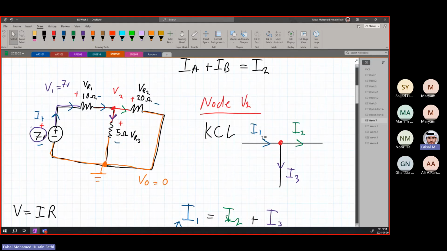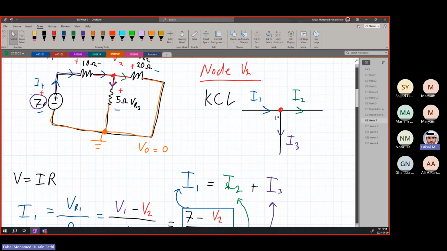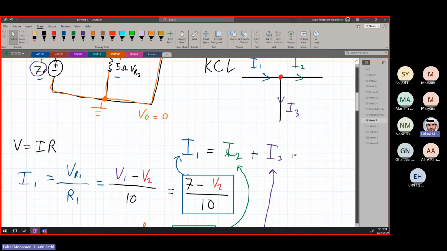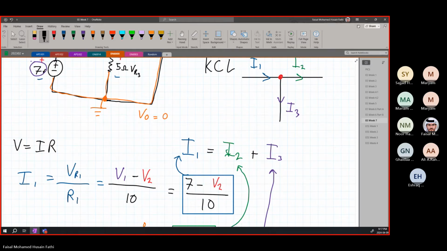For KCL, in the simple case, we have I1 going in, and I2 and I3 going out. I2 and I3, since they're going out, are on one side, and I1 is on the left side. From V equals IR, we can find that I is equal to V over R. Ohm's law, basic.